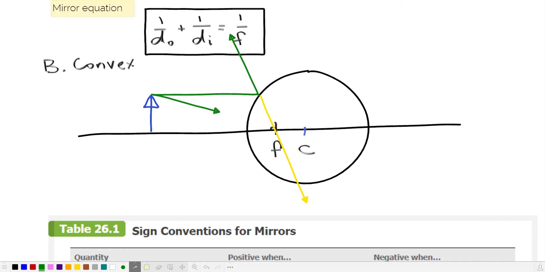Well, I'm going to go right to the focal point. It says to, even though I know no actual light goes there. And parallel out. Focal point in, parallel out. So my ray is going to be, oh shoot.